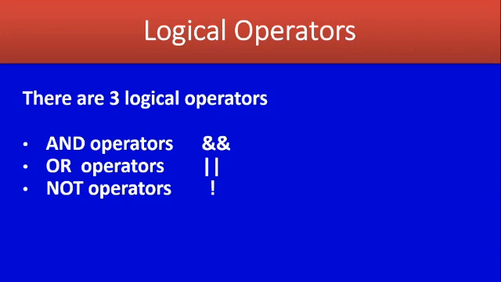In logic gates, we use these logical operators: AND, OR, and NOT. These are the fundamental logic gates: the AND gate, OR gate, and NOT gate, and for them we use the AND operator, OR operator, and NOT operator.